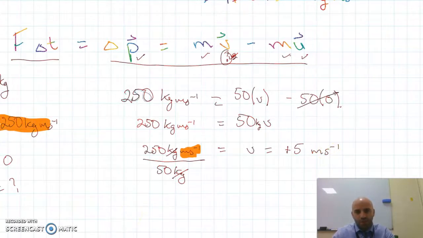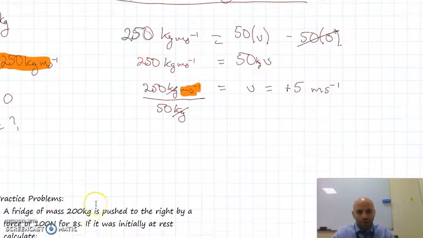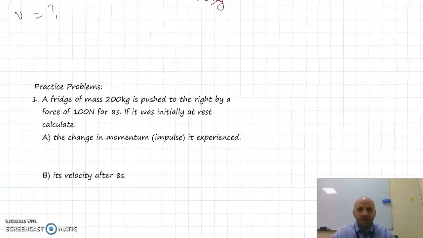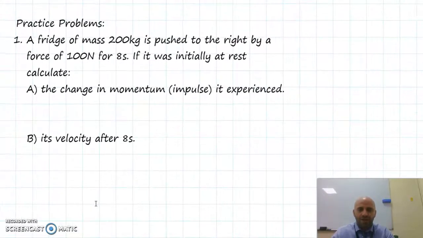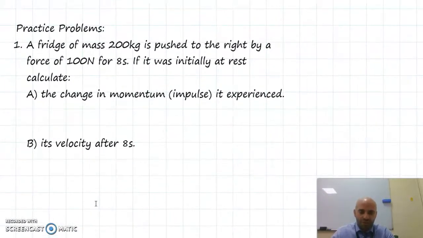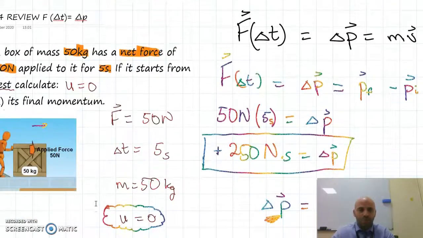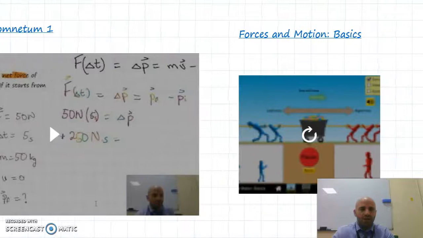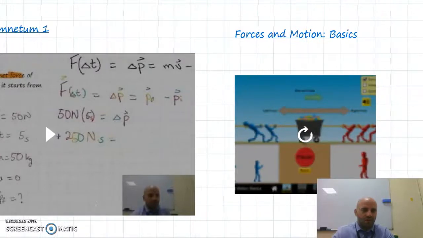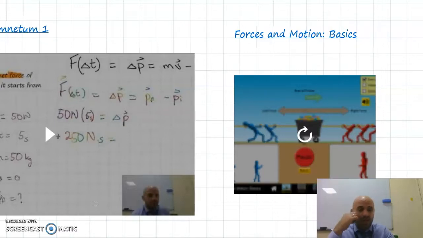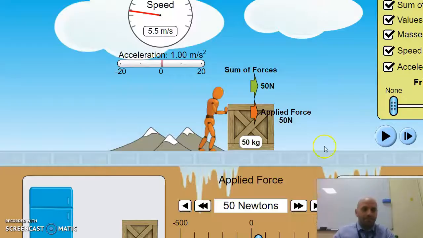So what I'd like you to do now is go ahead and try practice problems that I have assigned underneath here. And when you do it, I want you to use the simulation that is at the top of this page. It's over here on the right, forces of motion basics, and it's the acceleration game that we use.